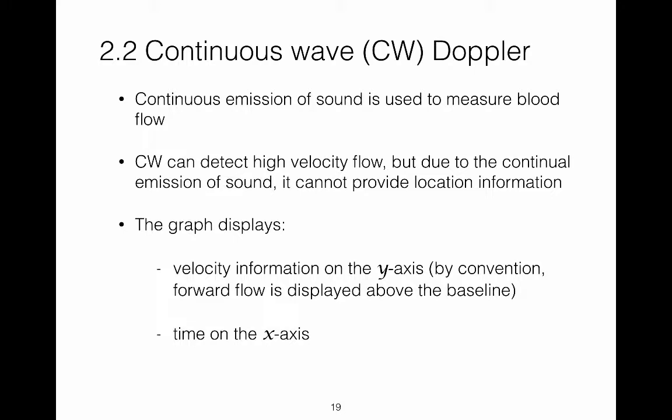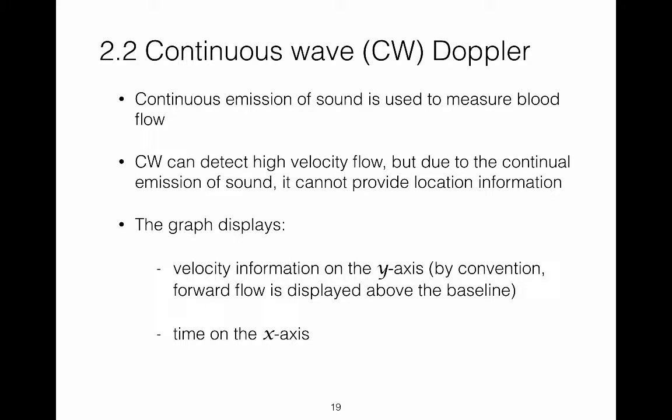However, due to the continual emission of ultrasound, continuous wave Doppler cannot provide location information, and so in contrast to pulse wave Doppler, it has poor spatial resolution, as it does not identify information from a specific location.